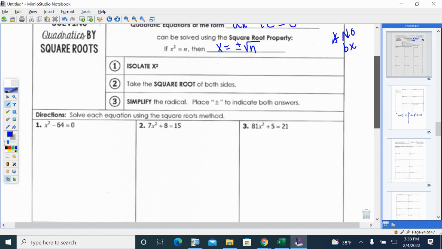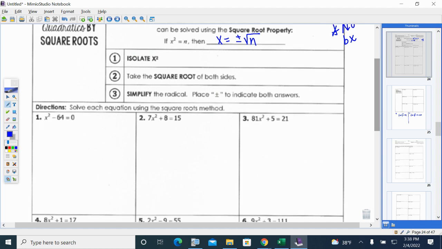In the directions here, it's telling us to solve each equation using the square root method. Question number 1, x squared minus 64 is equal to 0, is one that could be factored. Back in that lesson with difference of squares, I told you there were other methods that would work faster and easier. This is one of them. Again, the one thing you want to notice is that there is no bx term.